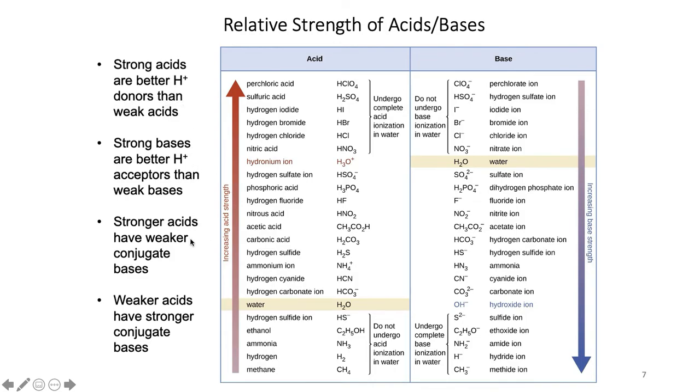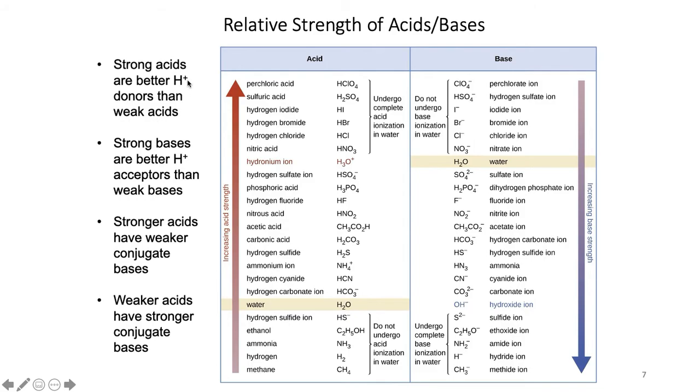Whereas weaker acids do not like to give that hydrogen away so much. So very little of that weak acid actually splits to form the conjugate base and donate the H plus.